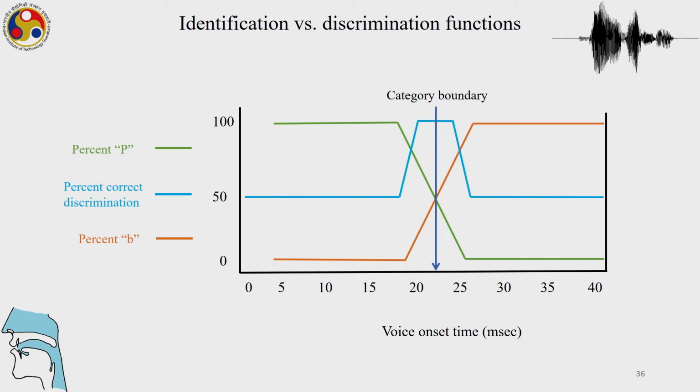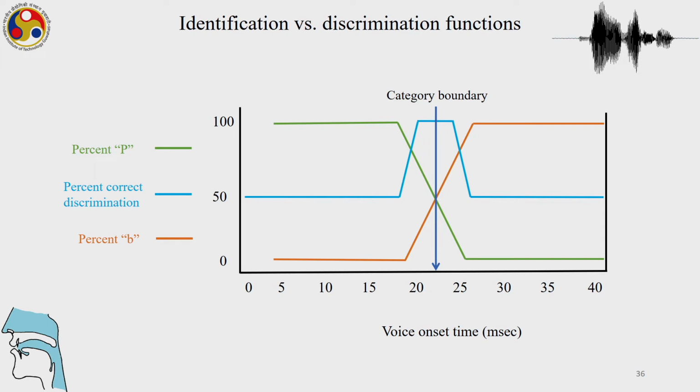So if we take both of these together, both identification and discrimination types of experiments, we see that between 20 to 25 milliseconds we have our category boundary irrespective of the kind of experiment, whether it is forced identification or discrimination, that is, whether the speakers are asked is this ba or is this pa, or asked to match a sound with a ba or a pa.